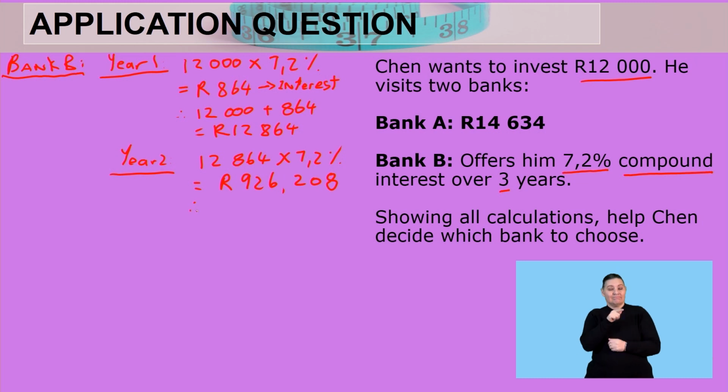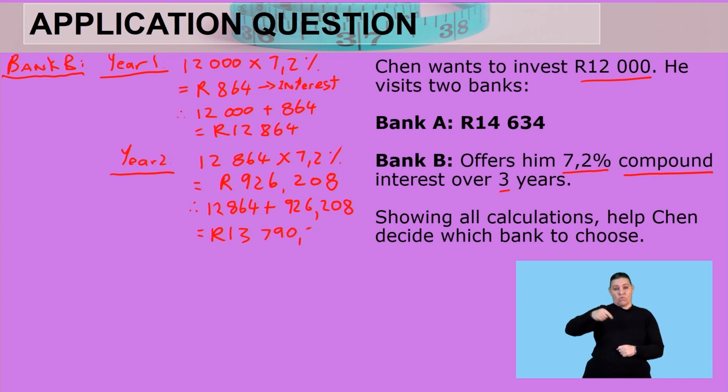Therefore, 12,864 Rand plus 926.208 leaves me with 13,790.208. Okay, almost there. 1 year left. Year 3.